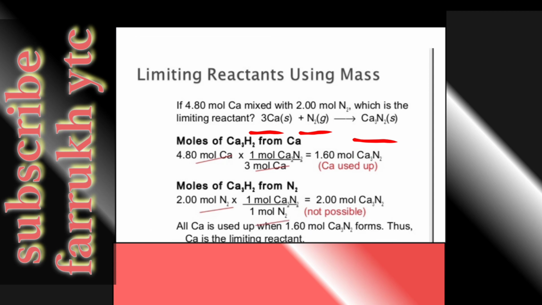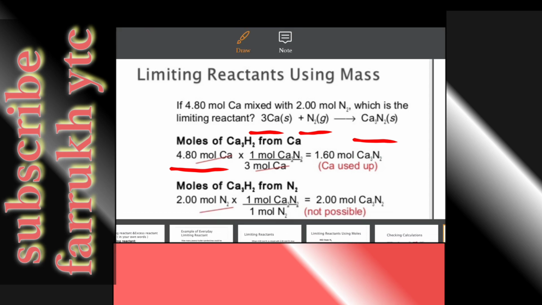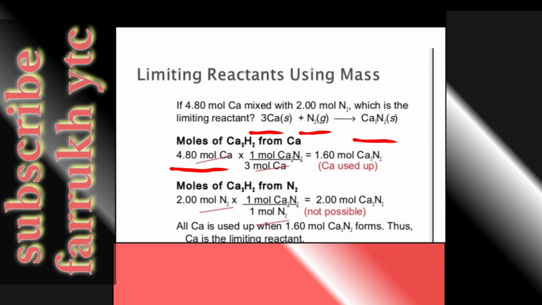We have 4 mole of calcium. If 3 mole of calcium produces 1 mole of calcium nitride, then how much will 4 mole of calcium produce? We divide 1 over 3, so it will produce 1.60 mole of calcium nitride.